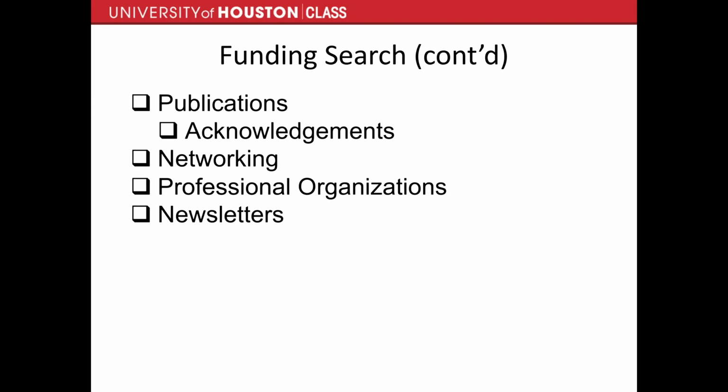But I always tell people to check the publications that you're reading as you're doing your research. Check the publications' acknowledgement sections, because a lot of times the authors of these articles will list where they got funding to complete the research or to write the article. And a lot of times it might be relevant to what you're actually trying to accomplish.